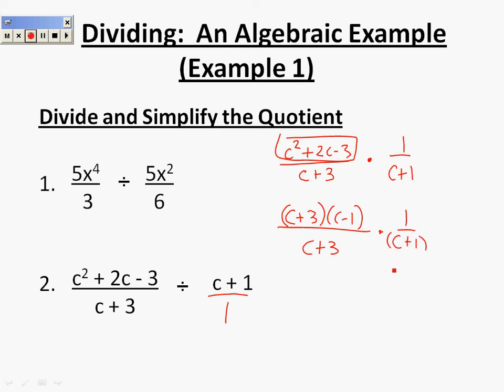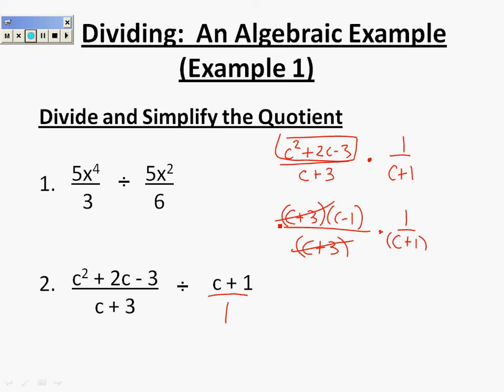A lot of times in your textbooks they won't put parentheses around these things. I do. It kind of reminds me that it's one group. It's one factor. So now we're ready to start canceling stuff off. So let's see. A c plus 3 takes a c plus 3. And a c minus 1 doesn't cancel with a c plus 1, does it?